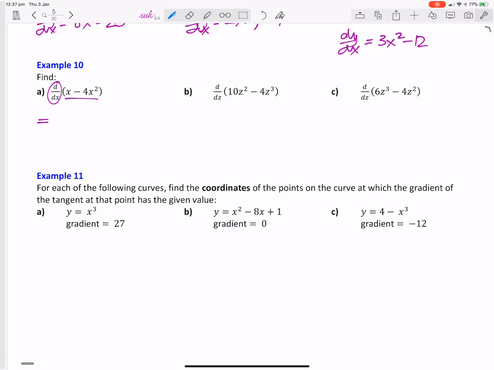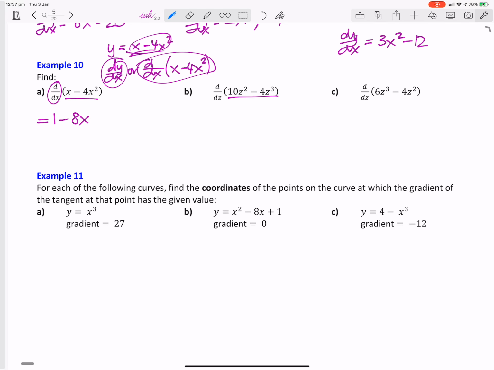So if I derive that, I get 1 minus 8x. It's the same as saying y equals x minus 4x squared, find dy dx, or d dx of y, and we know that y is that thing there. So dy dx or d dx of that, they're the same thing in this case.